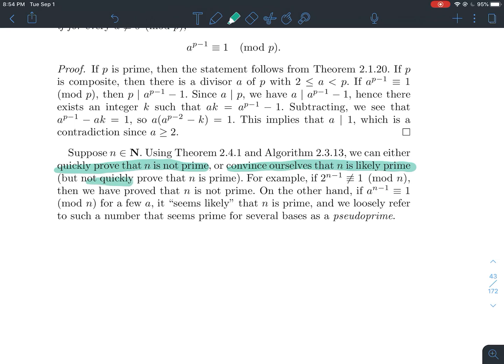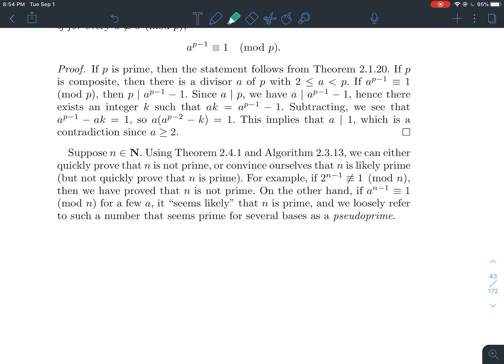But of course, it's not really definitive, right, if I was doing this by hand. So to give you an example, if you were able to show that, say, 2 raised to the n minus first power was not equivalent to 1 mod n, right, you found a base 2 where this equivalence does not hold, then you can just say that n is not prime, and that's fast.